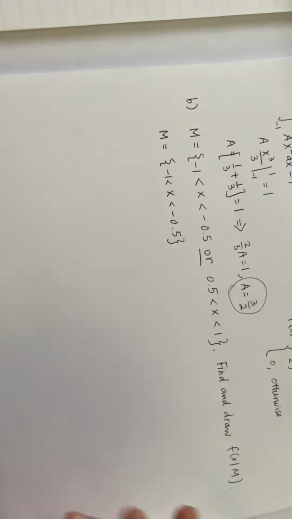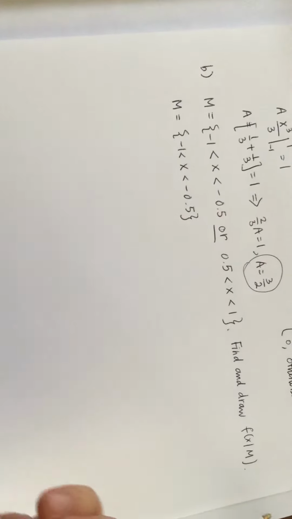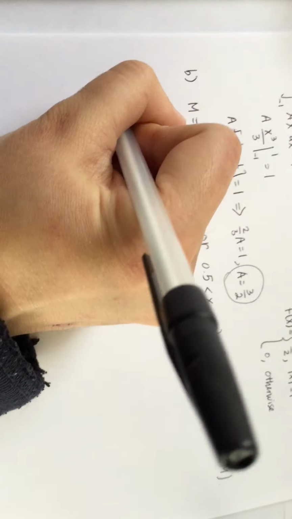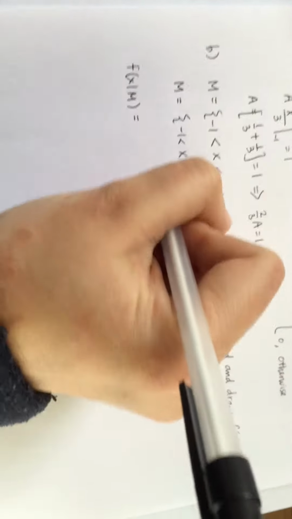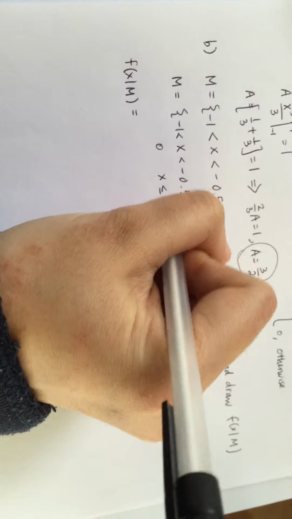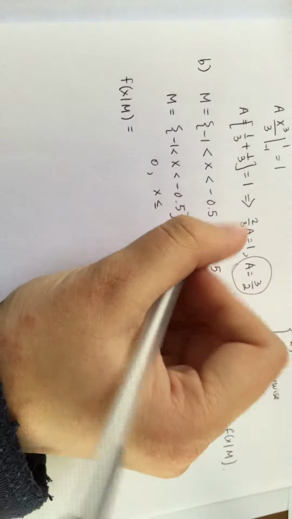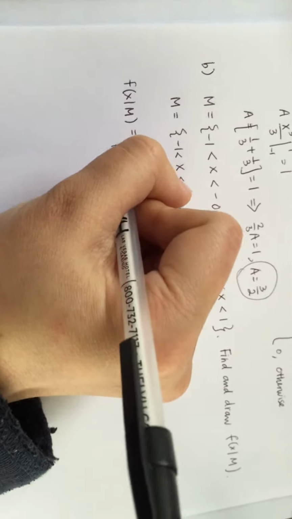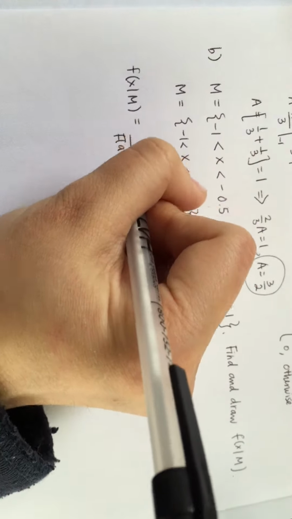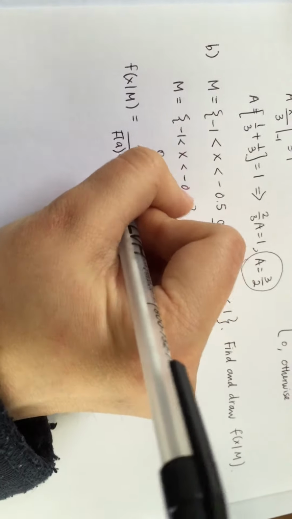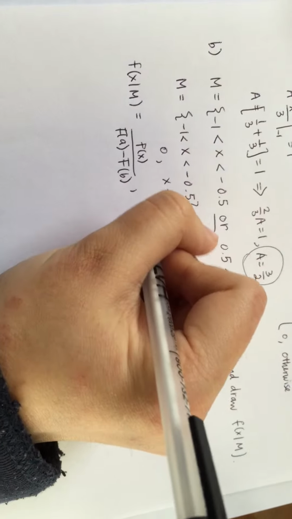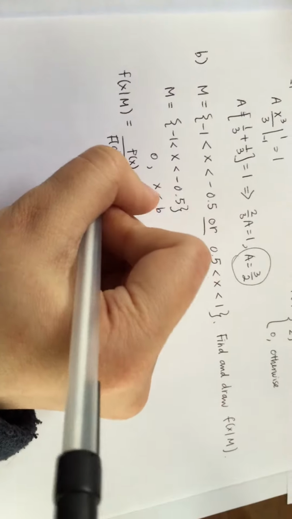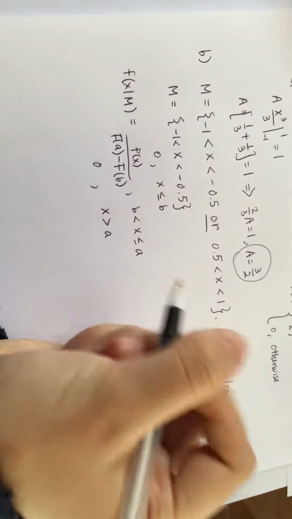In the lecture, we're given a formula for f of x on the condition of m, which is 0 when x is smaller than b, f of x over the distribution function of a minus the distribution function of b when x is greater than b but smaller or equal to a, and then 0 when x is greater than a.